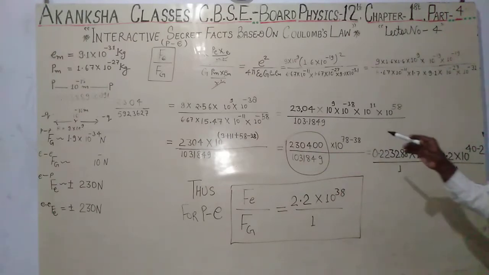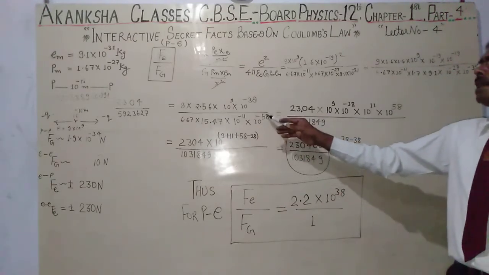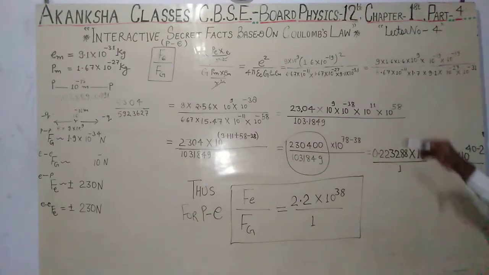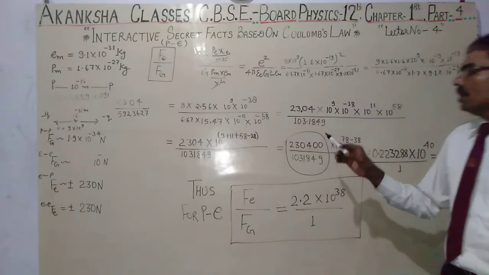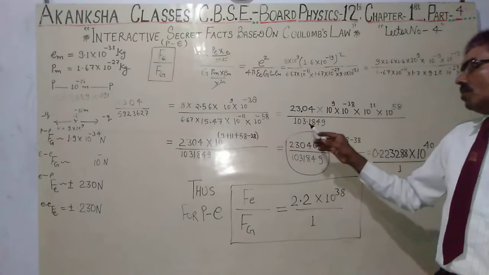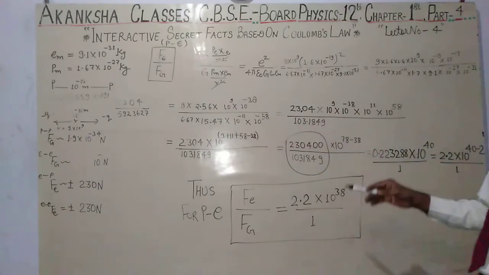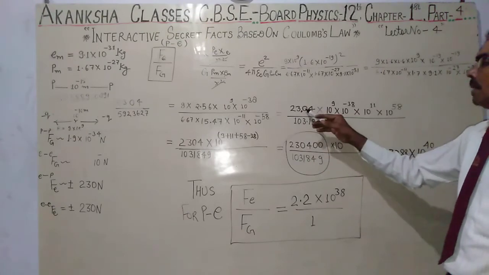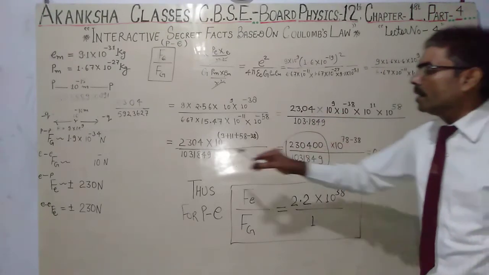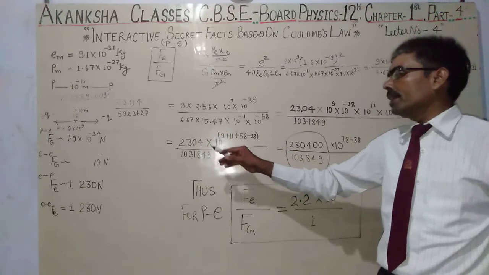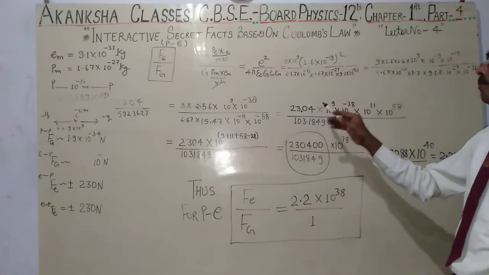In the same way, the reciprocal of 10 power minus 58 is 10 power 58, by the product of the two numbers 103.1849, written in standard form by removing the decimal up to two digits. We get 2304 into 10 power, by arranging all the positive values together.